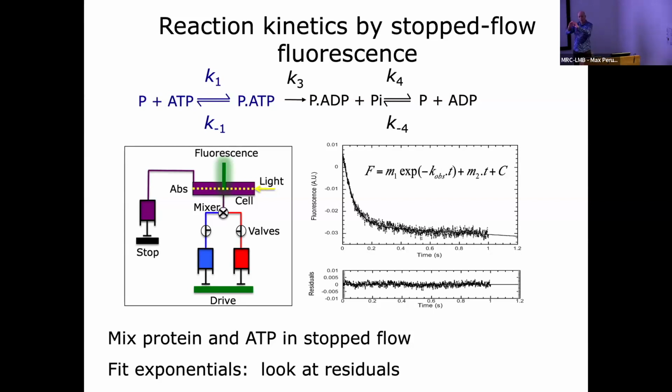Because there's a whole column of liquid, when you push something in, the liquid is pushed out onto this stop syringe. When that gets pushed out, it hits the trigger and starts recording the fluorescence change. Here you can get down into the millisecond time frame and then fit the observed rates against the concentration of ligand.